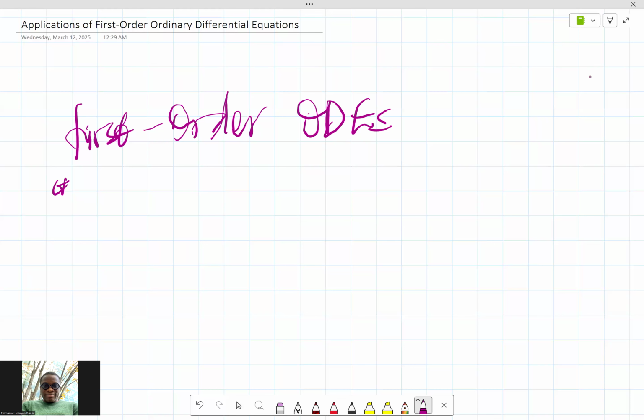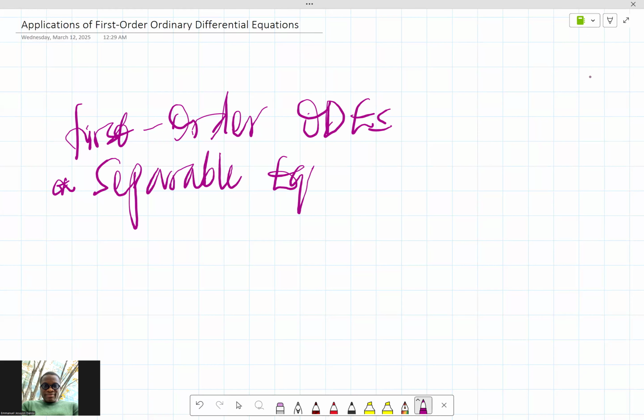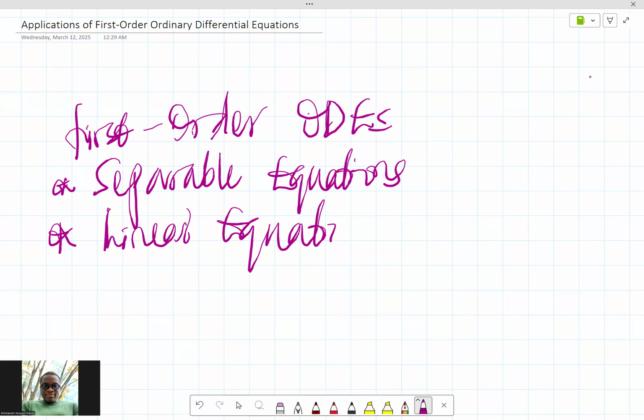First of all, we've seen separable first order differential equations. We've also seen linear equations that involve the use of an integrating factor.